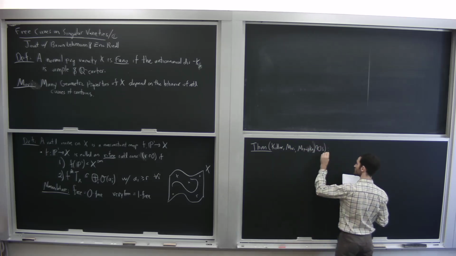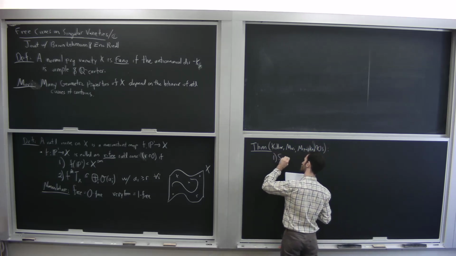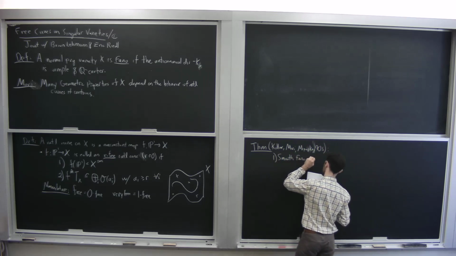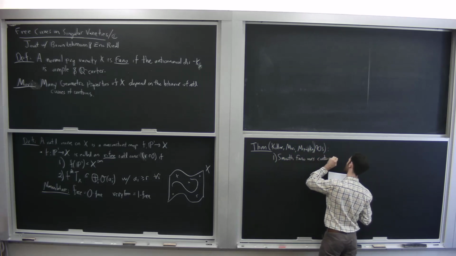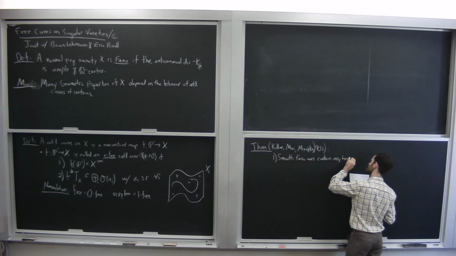So what they realized is that smooth Fano varieties contain very free rational curves.